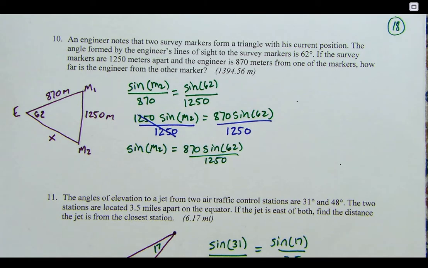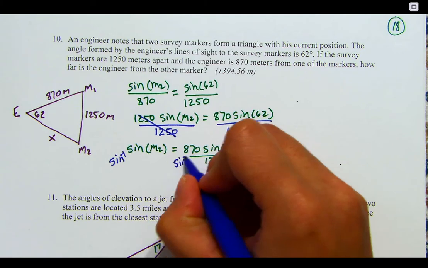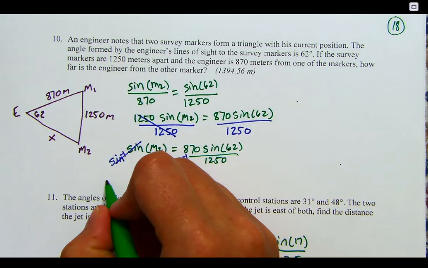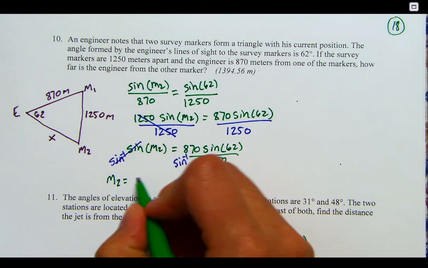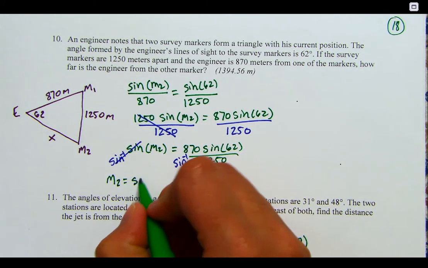Now remember, to find an angle measure, we have to do the inverse. So now what we are doing is we are taking the inverse sine to both sides. So these two things cancel out. And then to get this angle, that marker 2, I'm going to put this whole fraction into the inverse of sine.